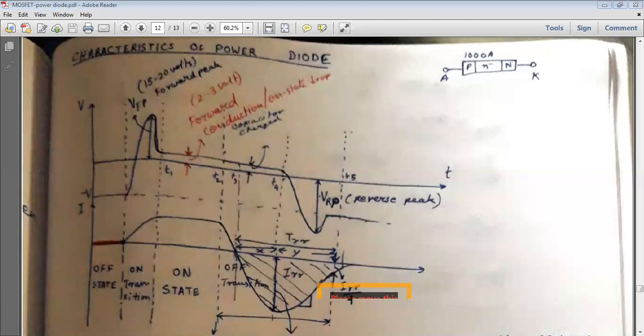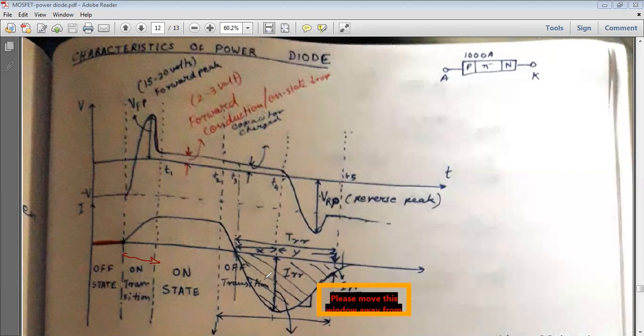In this region, what will happen during the transition period? The resistance is actually variable. Initially the n minus region was providing high resistance, that is, it won't allow current.